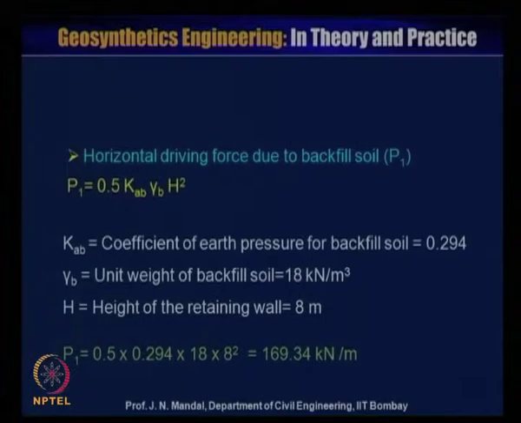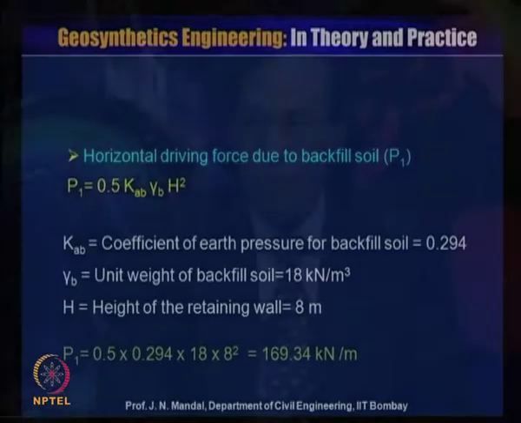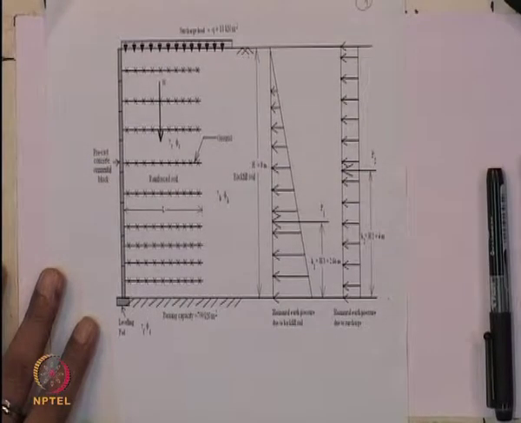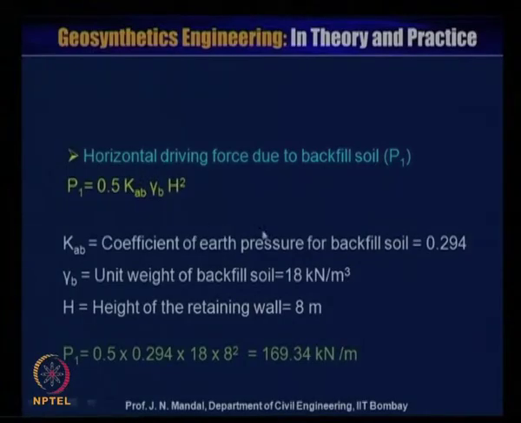Now we have to calculate the horizontal driving force due to backfill soil, that is P1. P1 is equal to 0.5 KAB gamma B into H square. We know KAB, the coefficient of earth pressure of the backfill soil, we calculated 0.294. Gamma B, the unit weight of backfill soil, is given as 18 kilonewton per meter cube, and the height of the retaining wall is 8 meter.